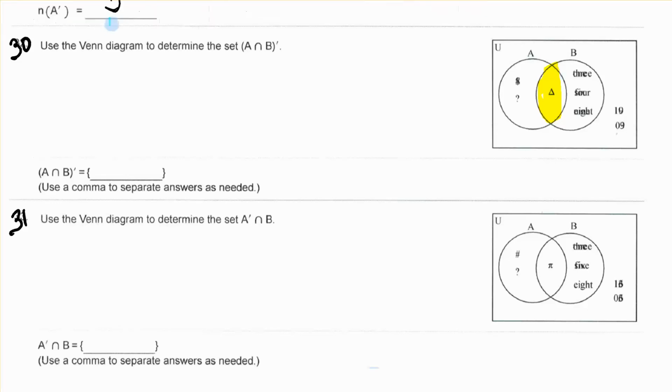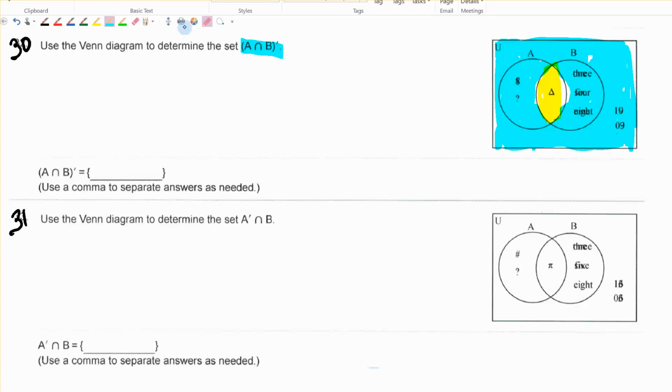If I want to, I can highlight it, everything else, in blue. This is not quite as easy as it is with real highlighters, but you get the idea, I hope. There we go. So what I have in blue is the complement of A intersect B.